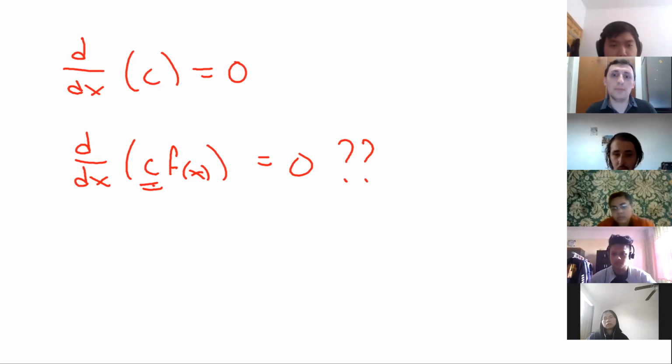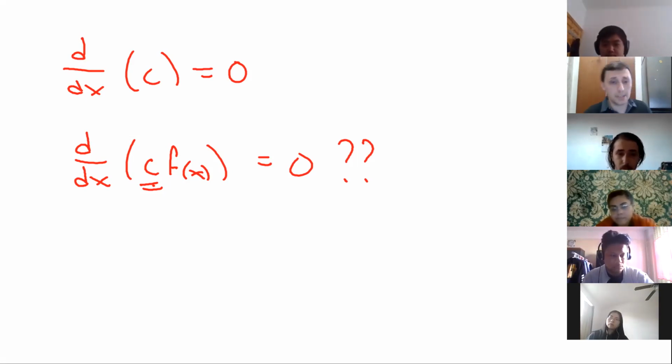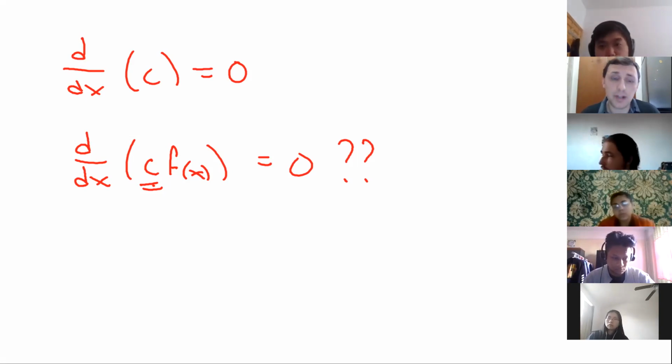Zakaria says something, but that's something else. You're talking about the product rule, Zakaria. I'm asking something simpler before the product rule. One person is caught by it, right? Derivative of a constant is 0. Why is the derivative of a constant times a function not 0?